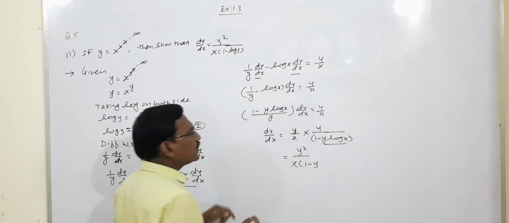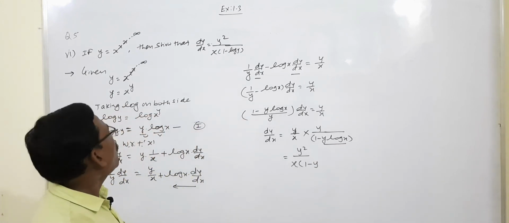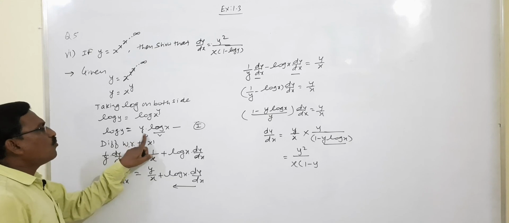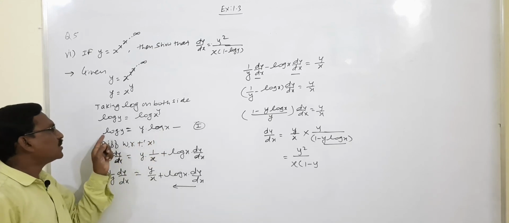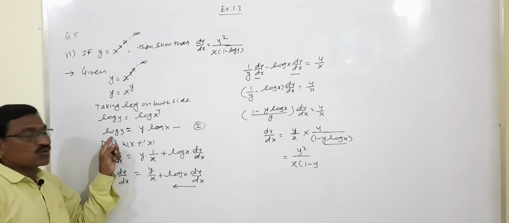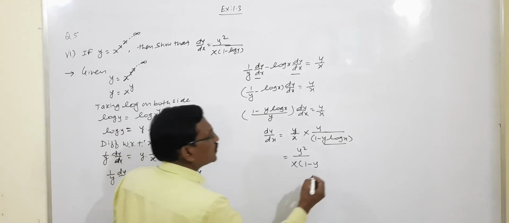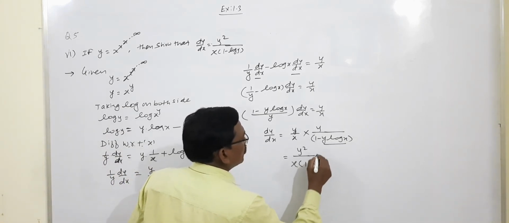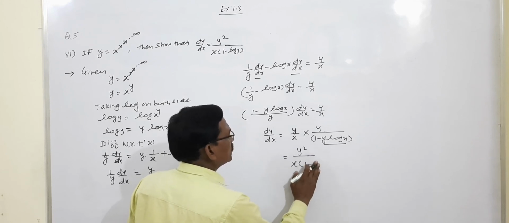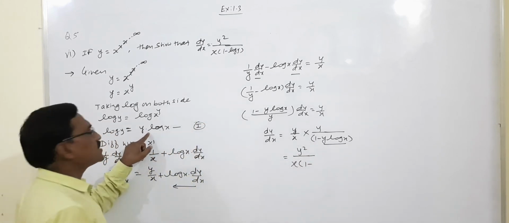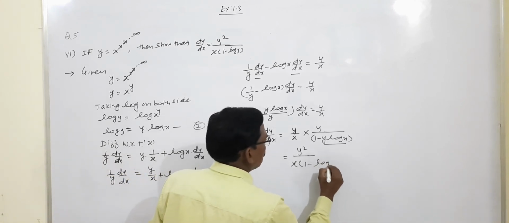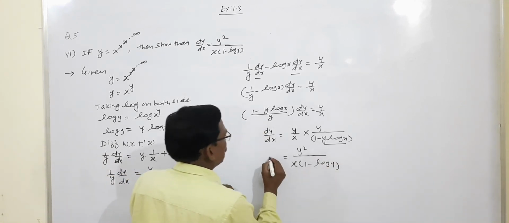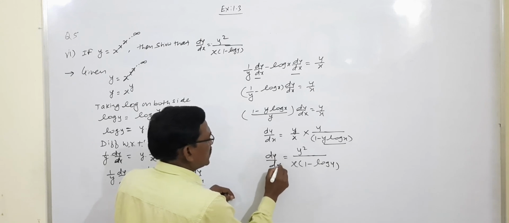But from equation 1, y log x is nothing but only log y. So 1 minus y log x is log y only. 1 minus log y, it is only dy by dx.